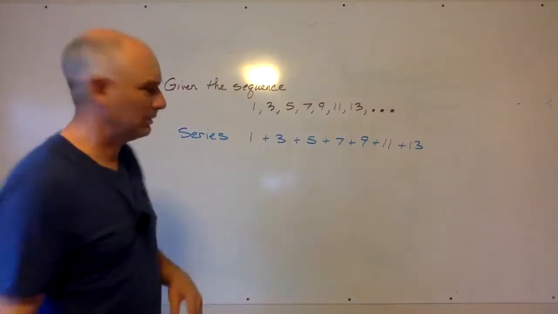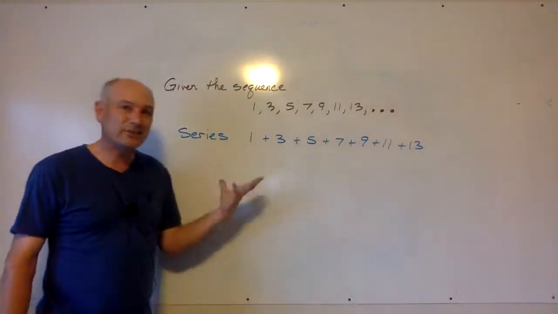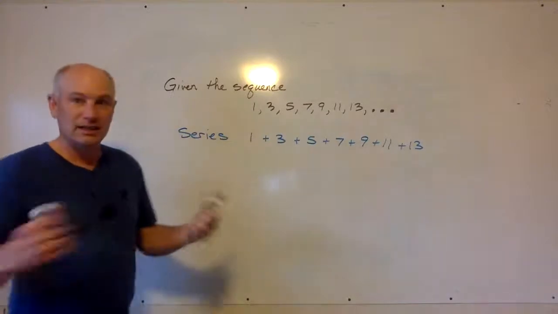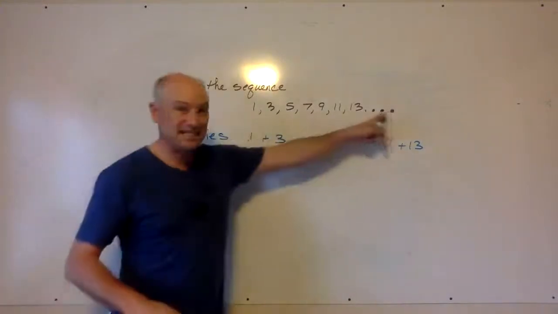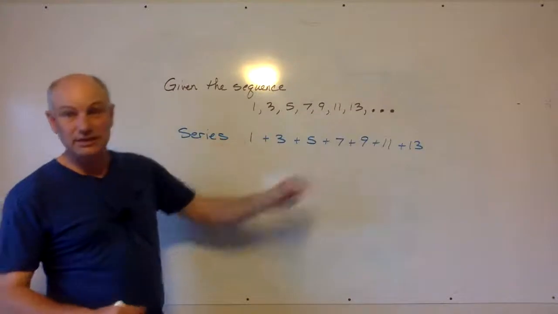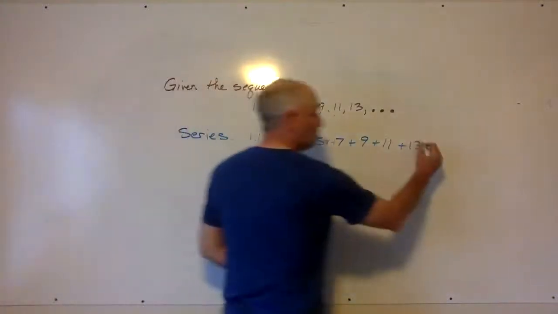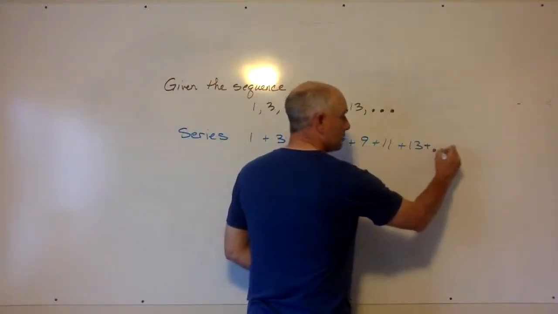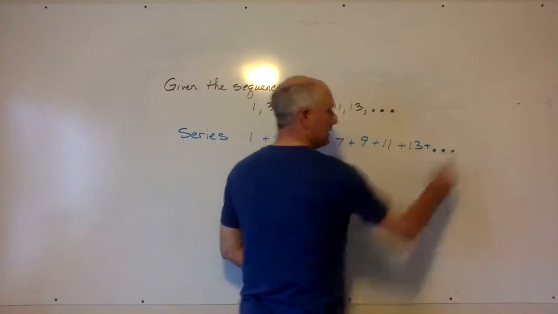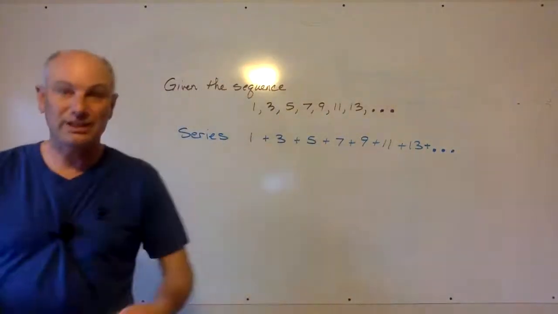We don't want that to happen. So if this was an infinite sequence, then the series tied to it would be an infinite series, with an addition at the end, including those 3 dots.